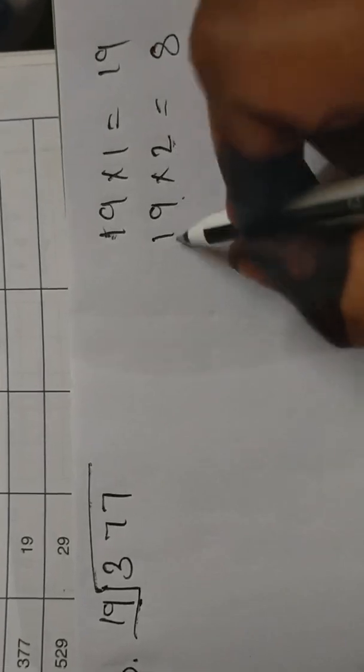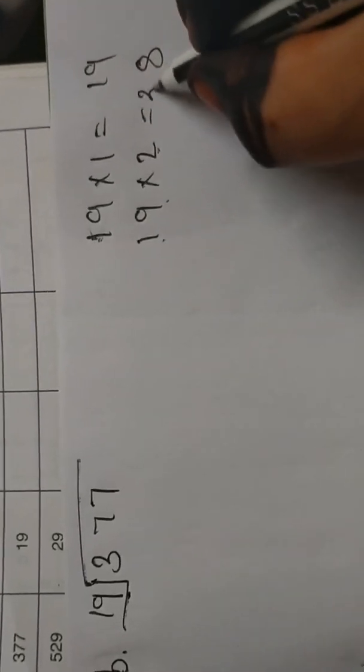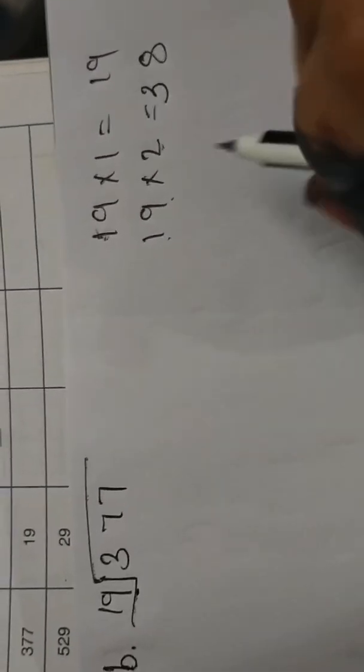So in that, students, we have to write the table of 19 here. 19 ones are 19, 19 twos are... we don't know, okay, so what will we do? 9 twos are 18, we write here 8, 1 is a carry over. 1 times 2 is 2, 2 plus 1 is 3, so here we write 3. 19 twos are 38.